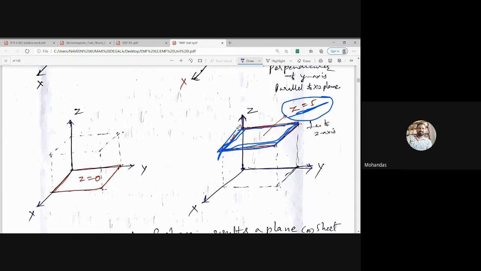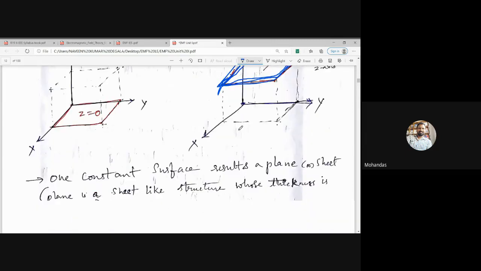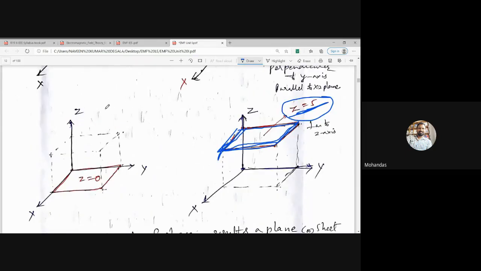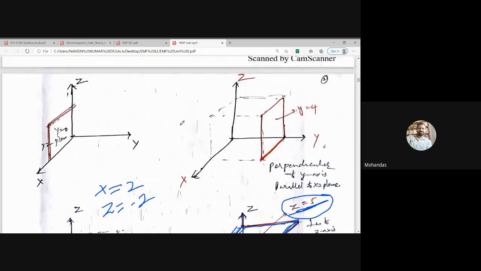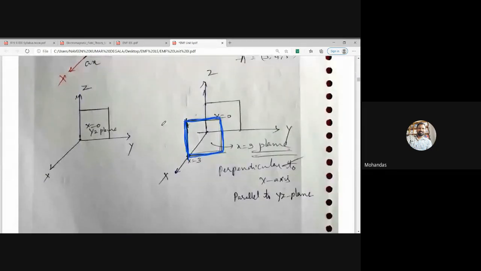Now, come to the point. We have to draw x equal to 2 and z equal to minus 2 on the same diagram. Let us take this as x equal to 3, and now let me draw z equal to 3 on the same diagram.